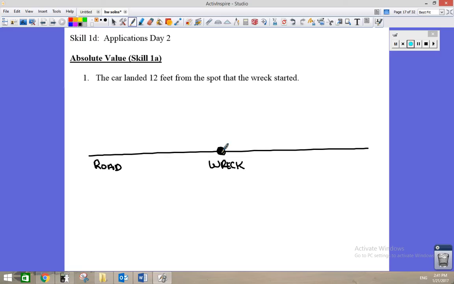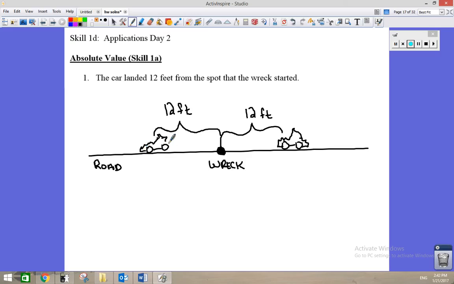The two spots for the car are 12 feet from this wreck, either 12 feet forward, and the car could be right here, and it's probably mangled up, or 12 feet behind the spot of the wreck. It could be back here, and like we say, it's mangled up.